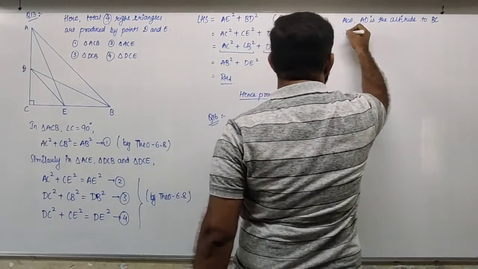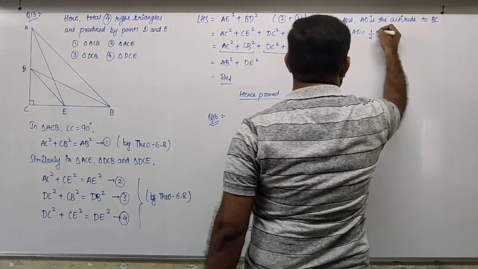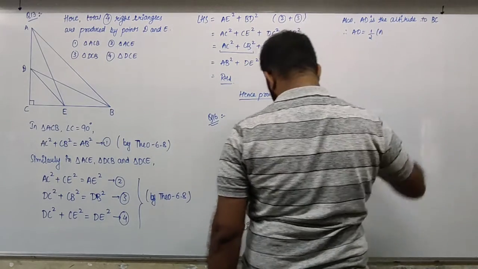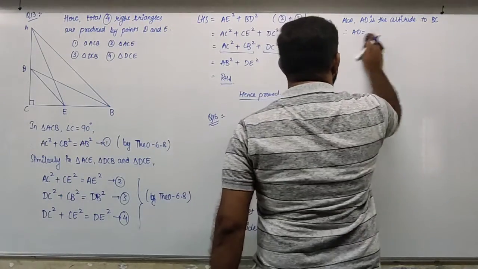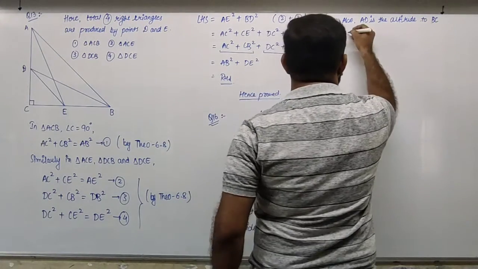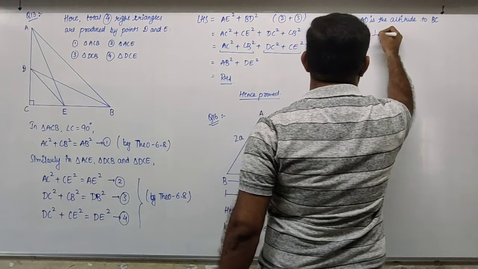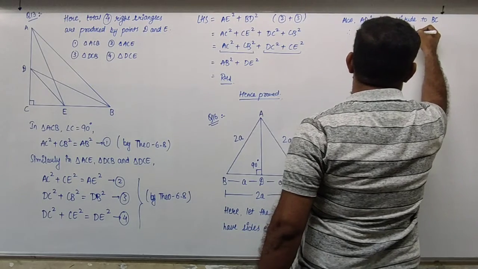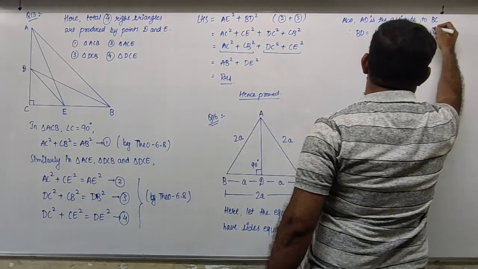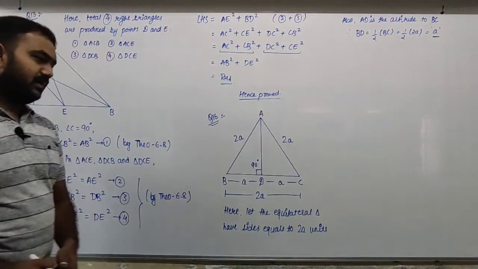Therefore, BD equals half BC, that is 1/2 multiplied by 2a, that is a. So we have got the value of BD as a.